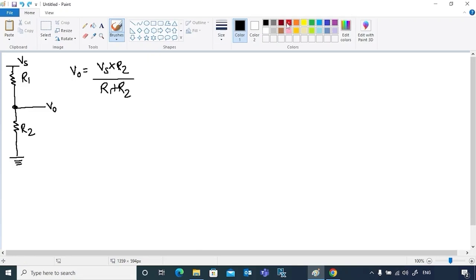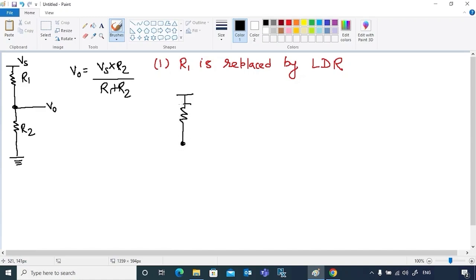So now the first case, if R1 is replaced by LDR. In this case we are replacing R1 by LDR.